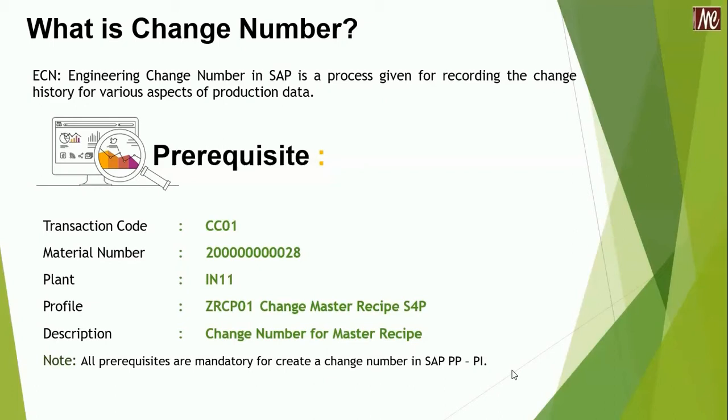Engineering change number in SAP is a process for recording the change history for various activities of production data or processes. In short, change number is precisely used for recording the history of any object.